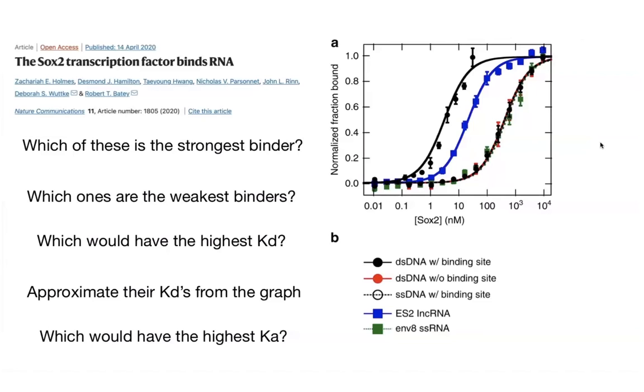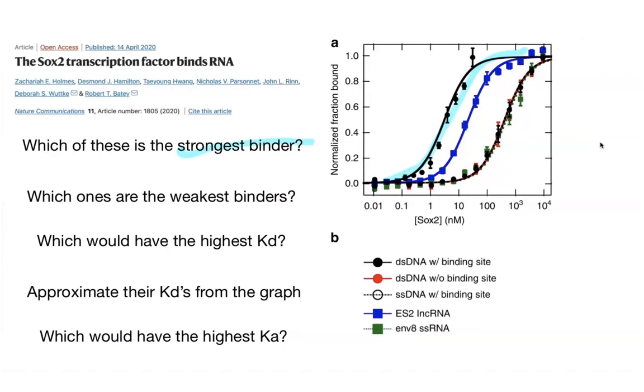This graph is really confusing in that the double-stranded DNA with a binding site and the single-stranded DNA with a binding site both use these black dots, and even though they're supposed to be unfilled, they look pretty filled in here, but there's a dotted line. So I'm assuming this is the double-stranded DNA with the binding site. So the strongest binder is this one.